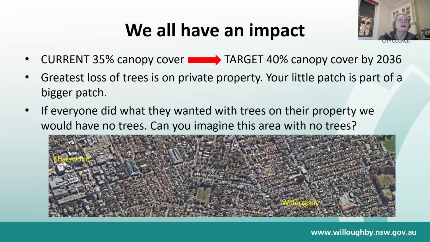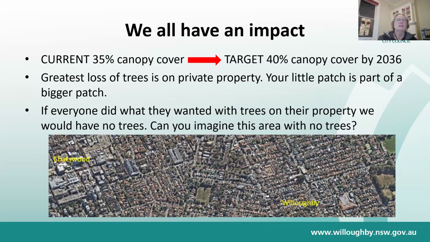And finally, the last one is the state government for New South Wales. I can only speak for New South Wales, has a target. And Willoughby Council's target is basically to reach 40%. Now, it doesn't sound like much, but believe you me, it is a lot.